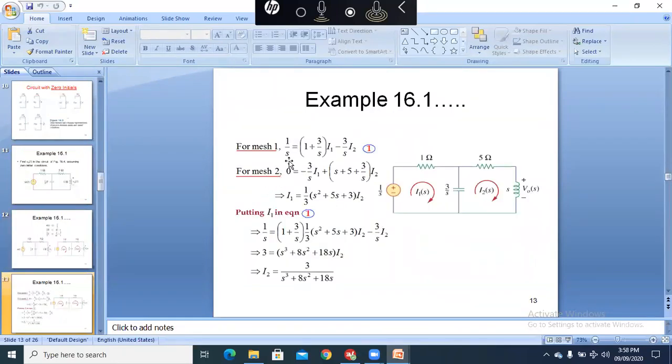So for mesh 1, we have the relationship: 1 by s is the voltage, which is dissipated across 1 plus 3 by s I1, that is, 1 plus 3 by s I1 of s minus 3 by s I2 of s.